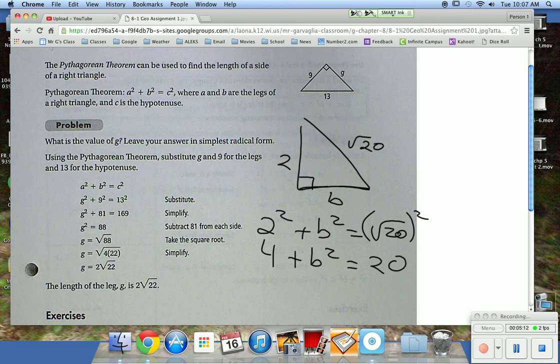Take the square of a square root, they eliminate each other. So I'm just left with whatever's in here, 20. I subtract 4 from both sides. B squared equals 16. What do I square to get 16? 4. B equals 4.